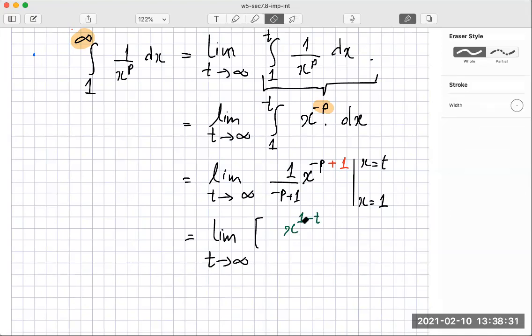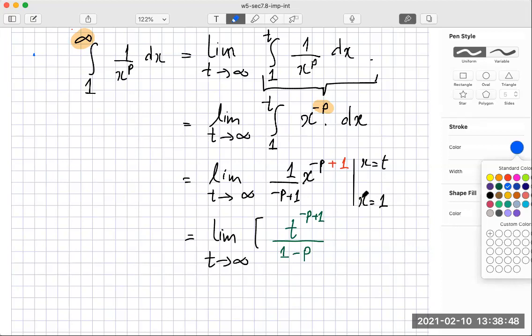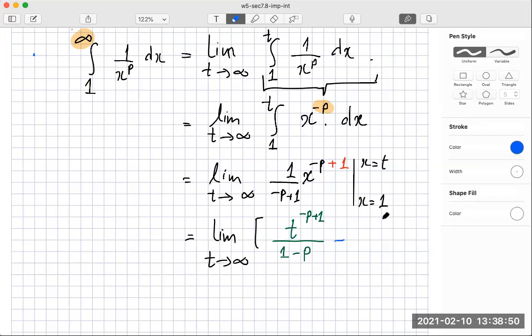Oh, no, wait. It is t to the negative p plus 1 divided by, let us write it as 1 minus p, okay? That is the upper limit. And the lower limit will be negative.